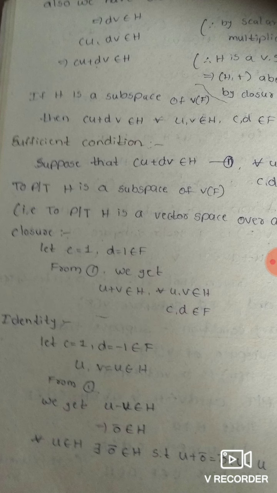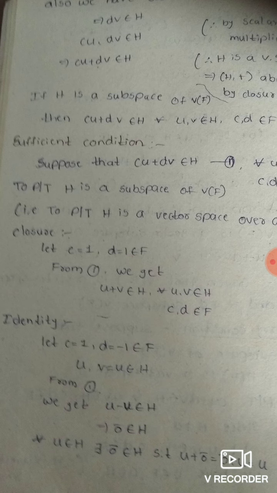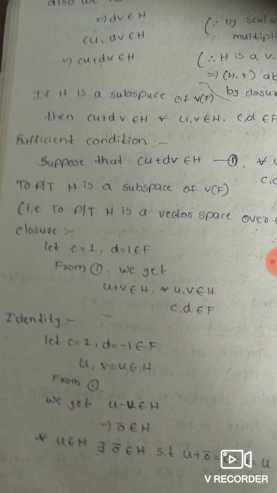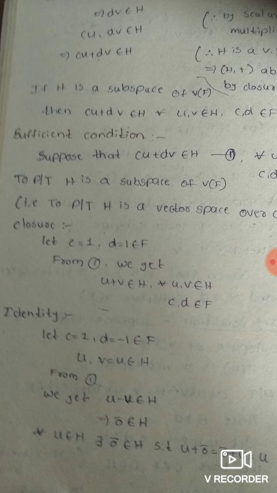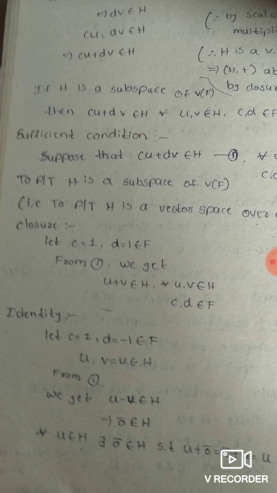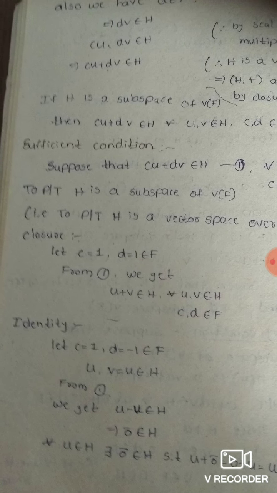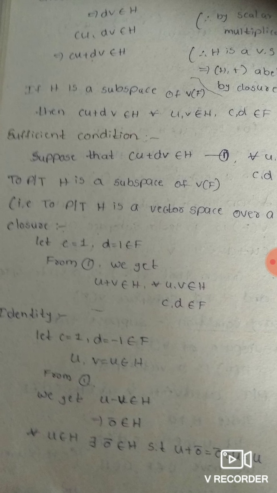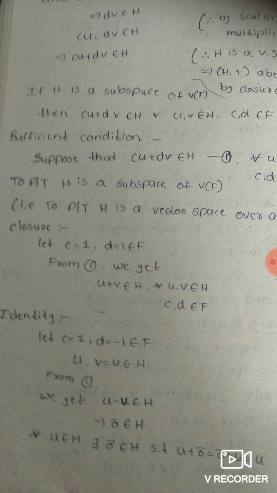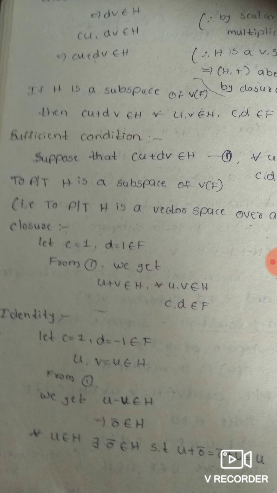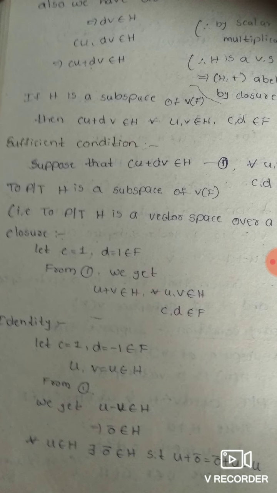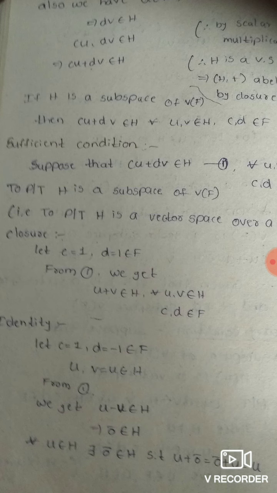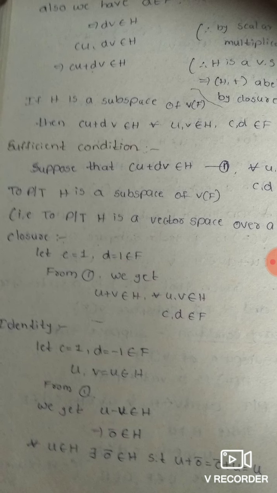In the identity property, we take c value 1, d value minus 1 and v equals u. u belongs to H. From equation 1, we get CU plus dV: 1 into u, minus 1 into u, that is u minus u belongs to H. u minus u is 0, which belongs to H. That is, u belongs to H, there exists 0 belongs to H such that u plus 0 equals 0 plus u equals u. Then, with c equals 1 and d equals minus 1 belongs to F and v equal to u, substituting in equation 1, CU plus dV is u minus u, and u minus u is 0.